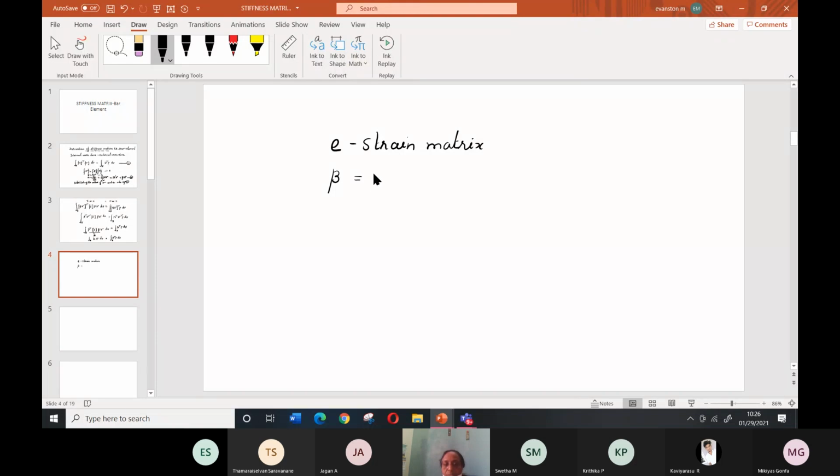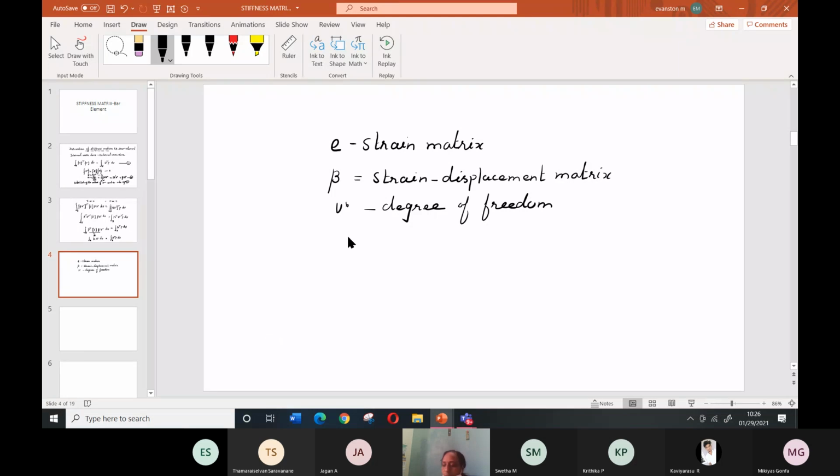N dash is the beta. Beta is the strain displacement matrix. And U star is the degree of freedom.